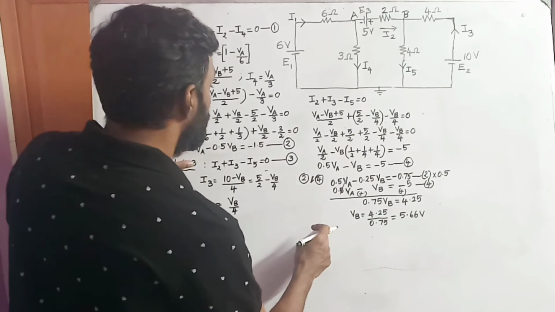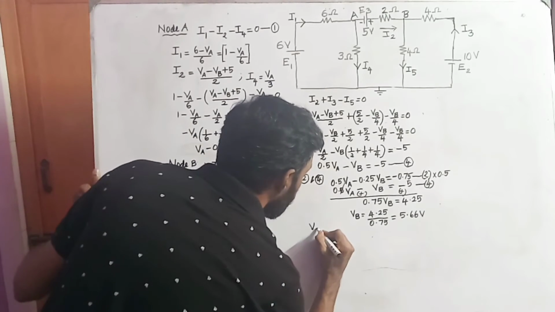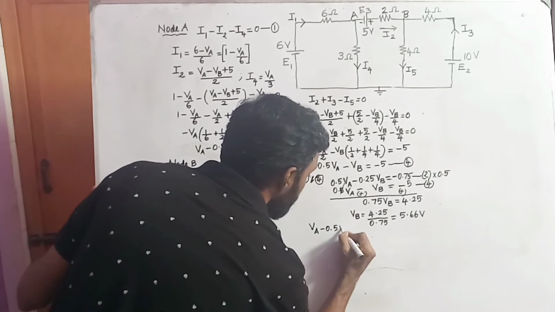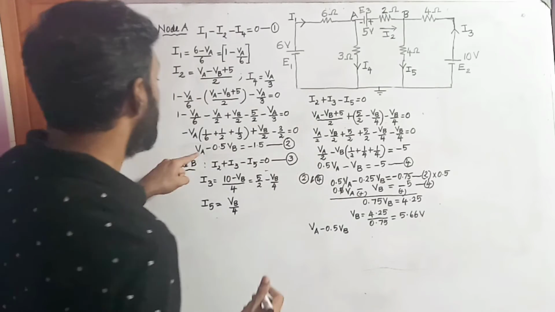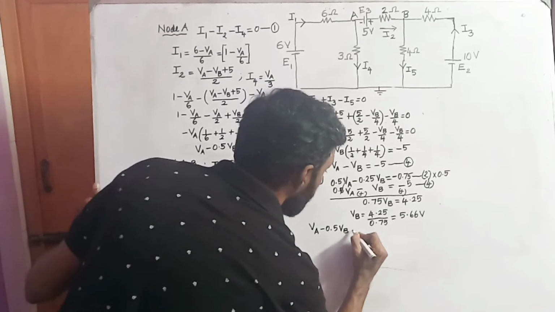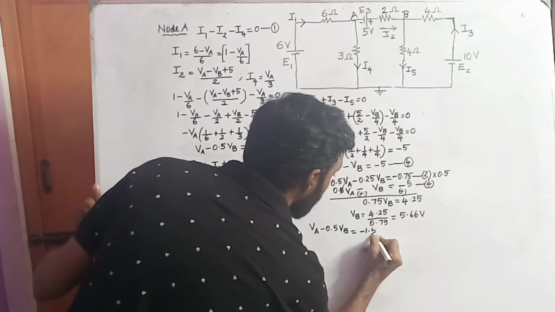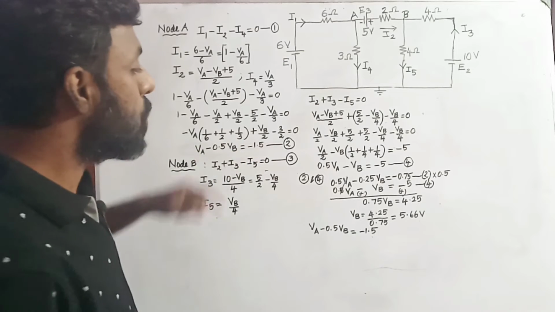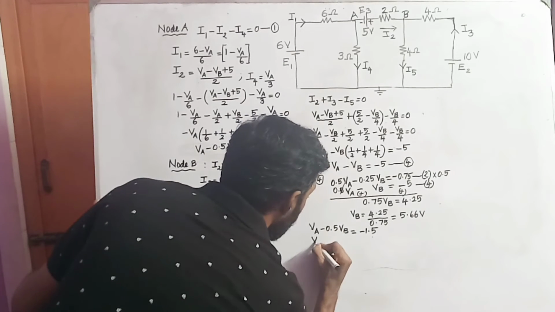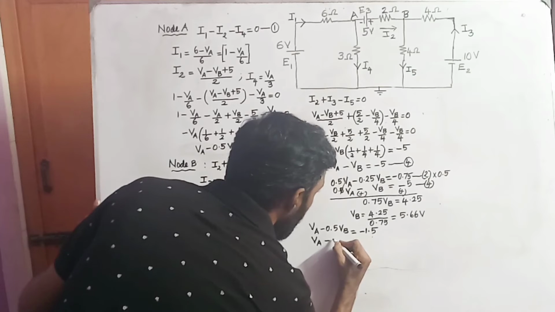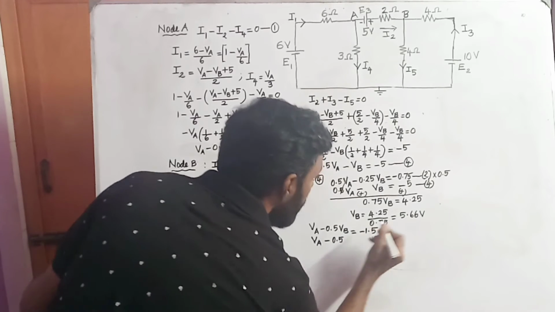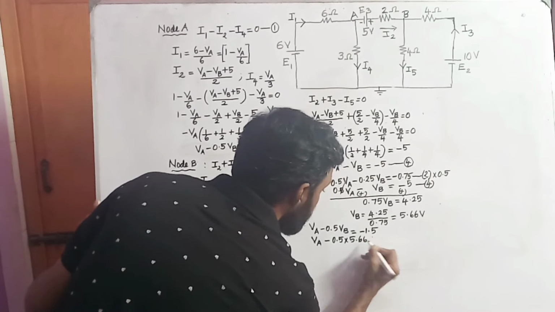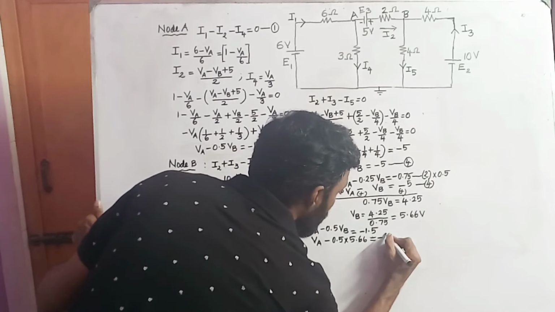Equation 2 is VA minus 0.5 VB equal to minus 1.5, with VB equal to 5.66.